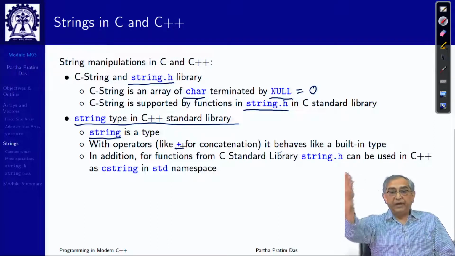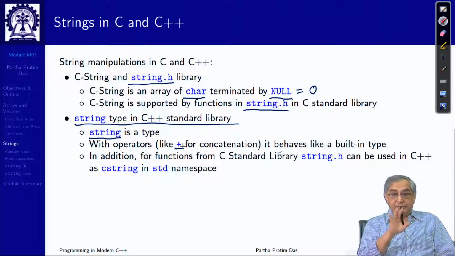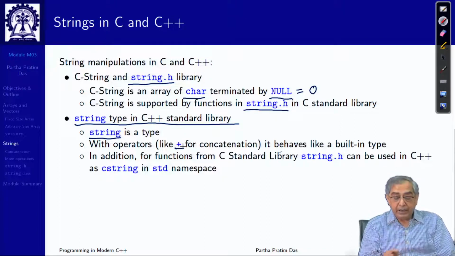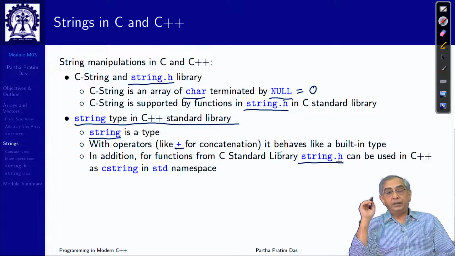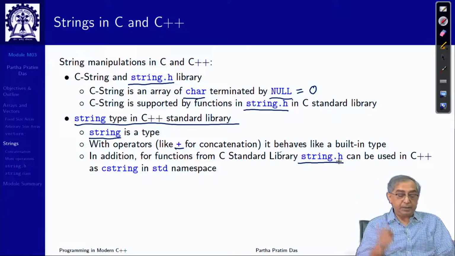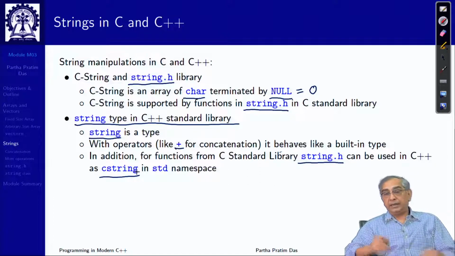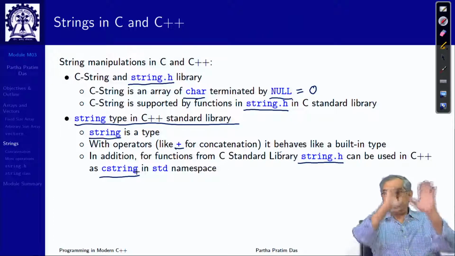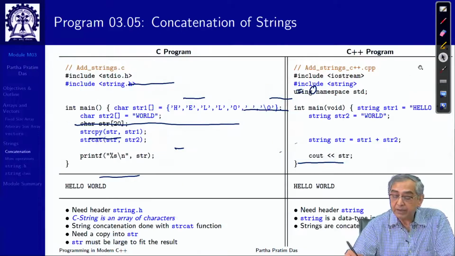It is kind of equivalent of strcat. You have an assignment operator to do a strcpy, and so on. In addition to that, you can use the C standard library string.h functions in C++ by including cstring, in the std namespace. Right? So, this is the overall story of strings between C and C++.